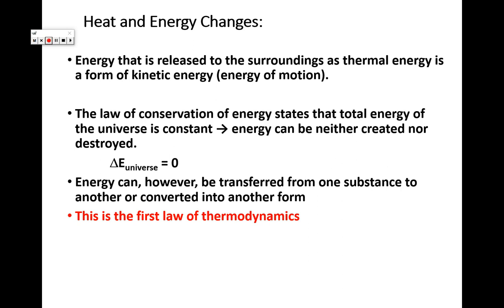So how much energy does a particle have based on how fast it's going? The hotter something is, the more energy it has, and usually it's going faster. The slower something is, the less energy it has, and it feels colder. This symbol here means change, or delta.